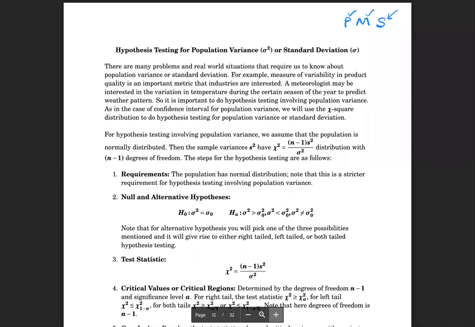For mean, we did two scenarios: when you know sigma and when you do not know sigma. So we have covered hypothesis testing for proportion, hypothesis testing for mean, and now we are going to talk about hypothesis testing for population variance and / standard deviation, okay?